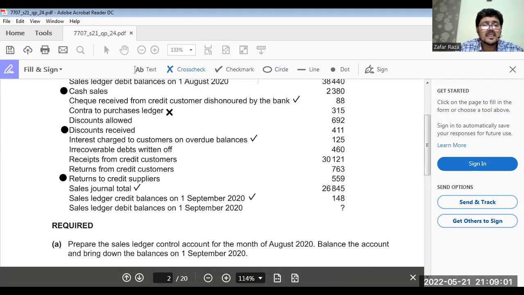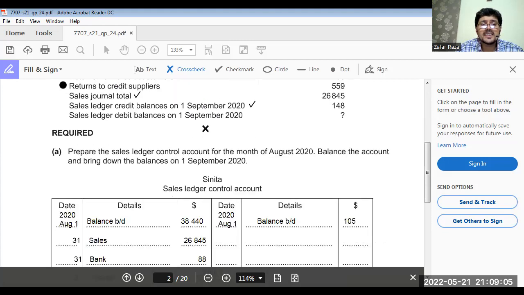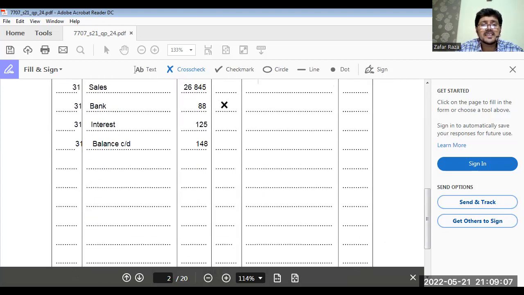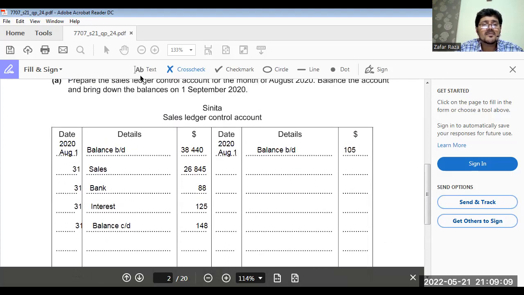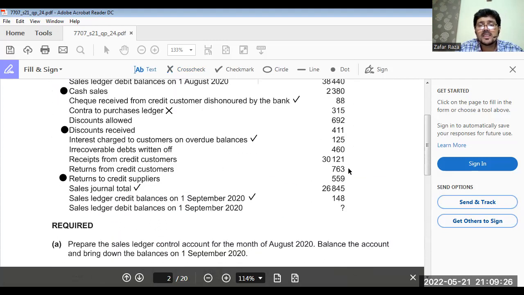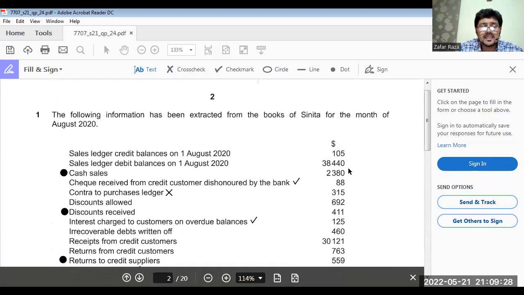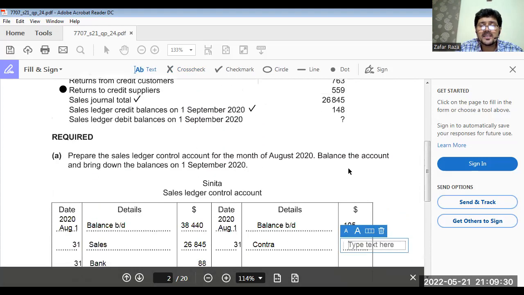Okay. Now first is contra 350. This decreases. So here we'll write on 31st August, we'll write 31st, contra. What was the amount? I forgot the amount. Amount of contra is 350.